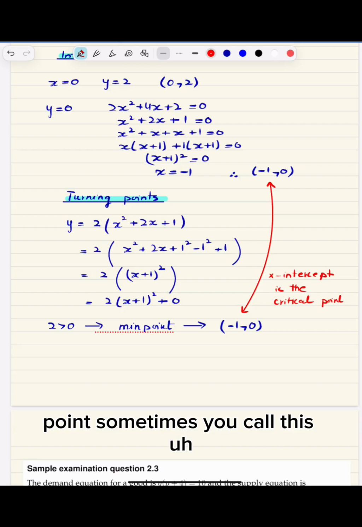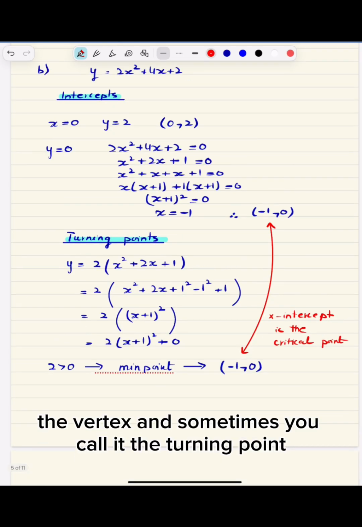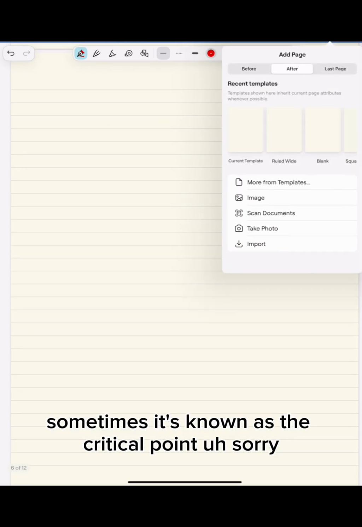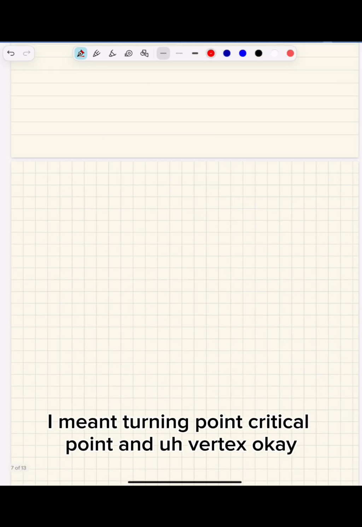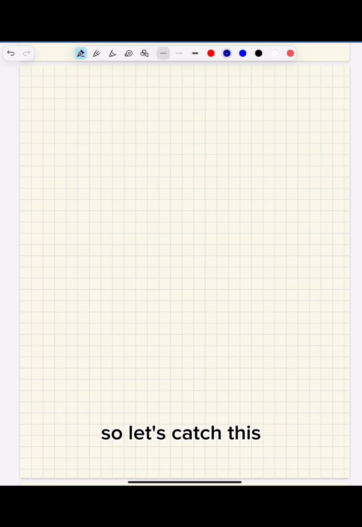Sometimes you call this the vertex, and sometimes you call it the turning point, sometimes it's known as the critical point. Okay, so let's sketch this.